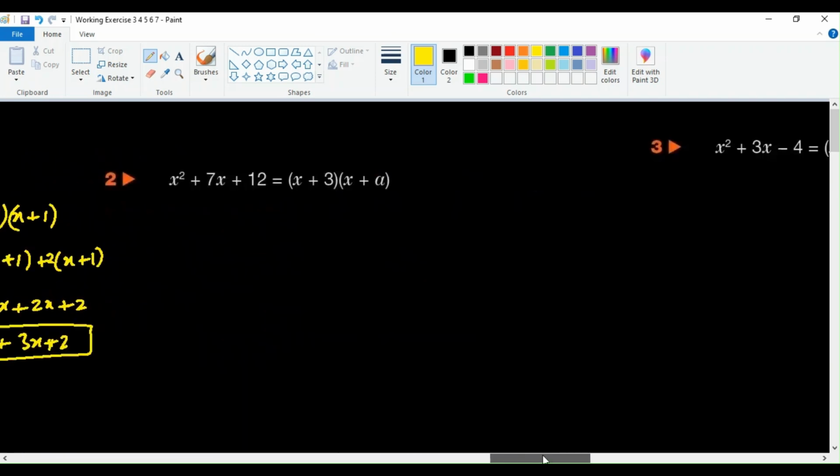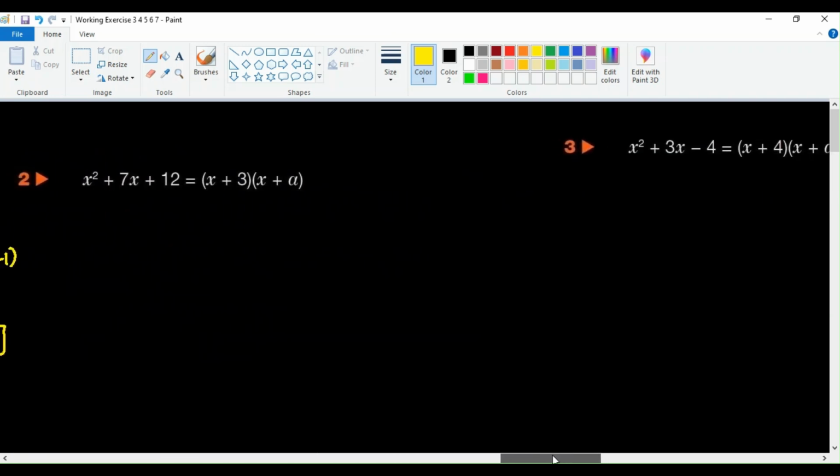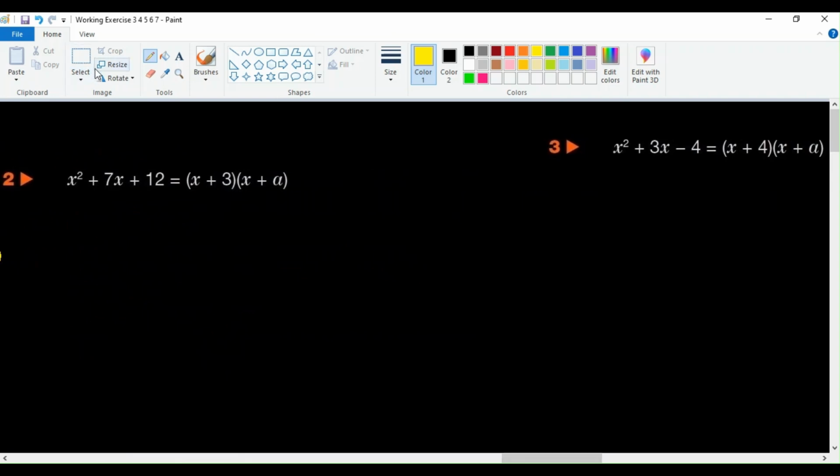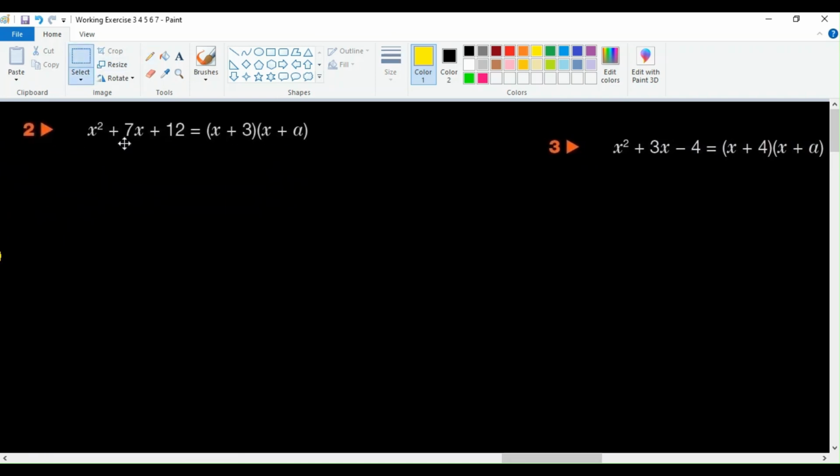Moving on to the next part, which is question number 2. I will pull this a little up for me to have a little room for calculations. Now as you can see, keeping left hand as it is, and here I'm multiplying x plus a two different times, something like this, and x plus 3 comes this way.